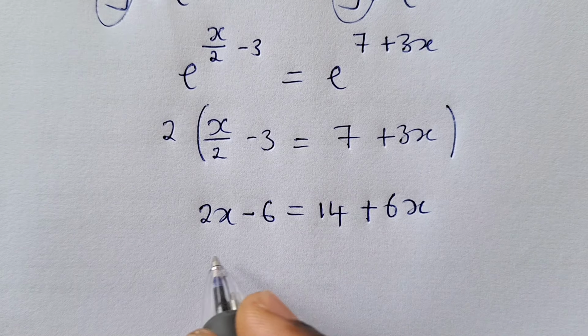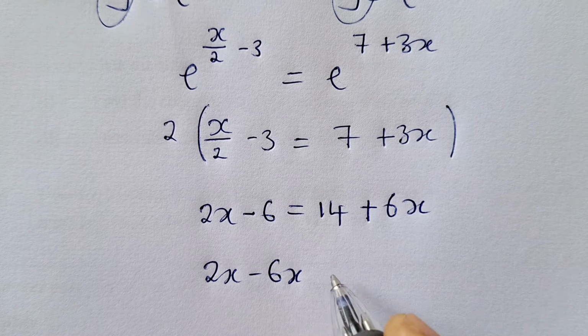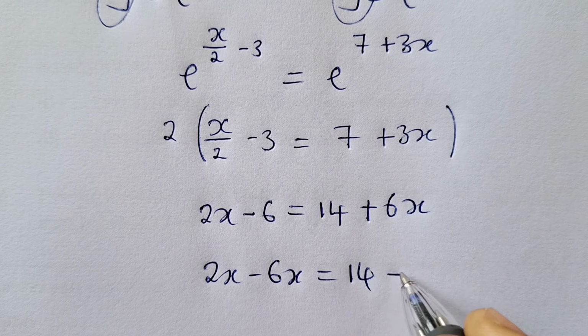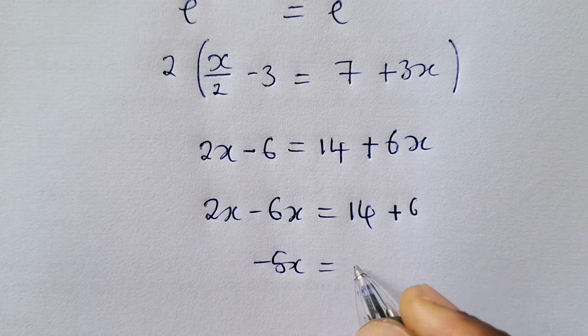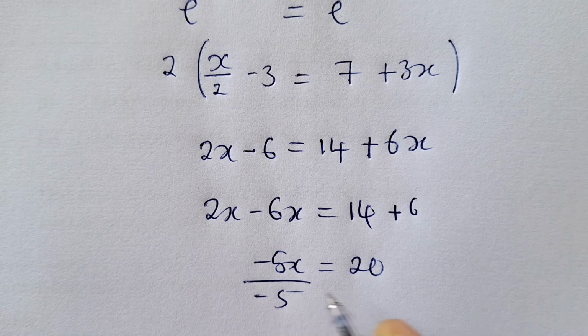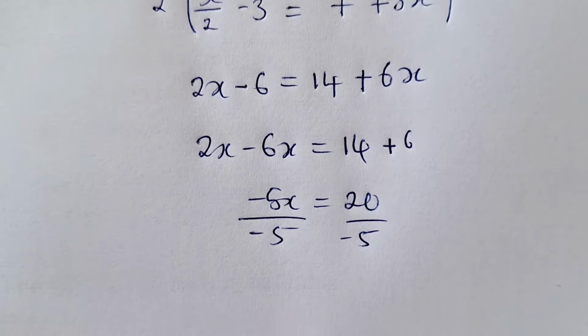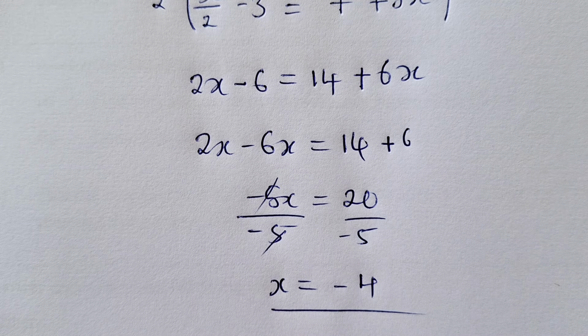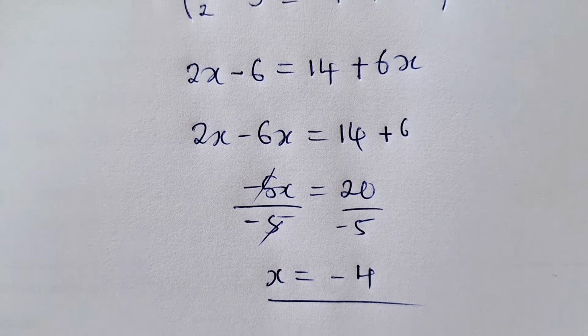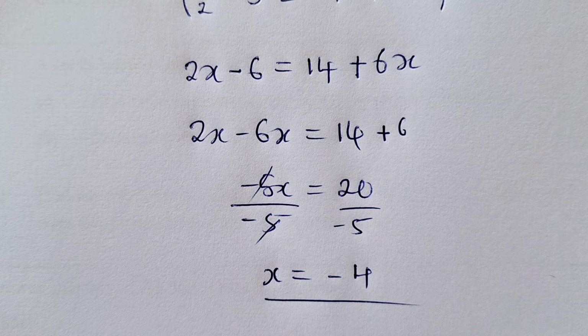We now group the like terms. 2x minus 6x is equal to 14 plus 6. Negative 4x is equal to 20. Divide by negative 4 by negative 4. So the value of x will simply be equal to negative 5.